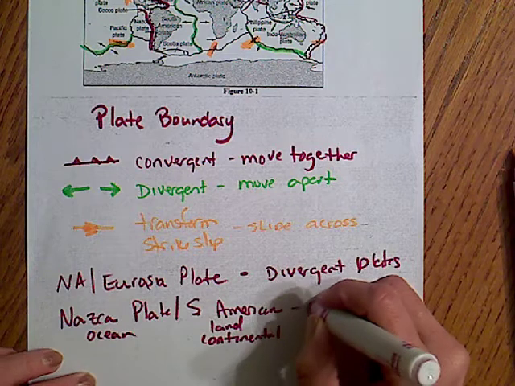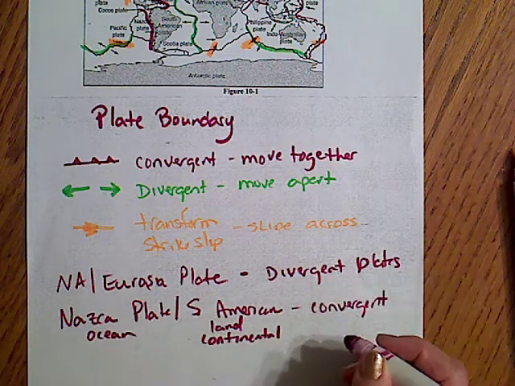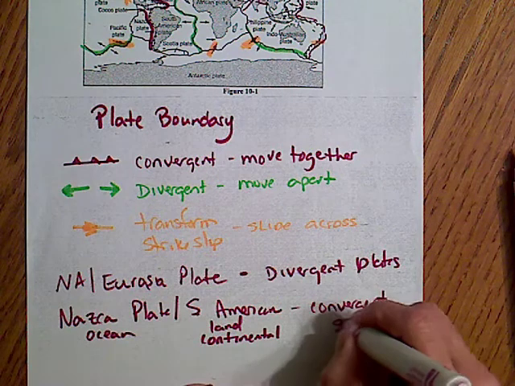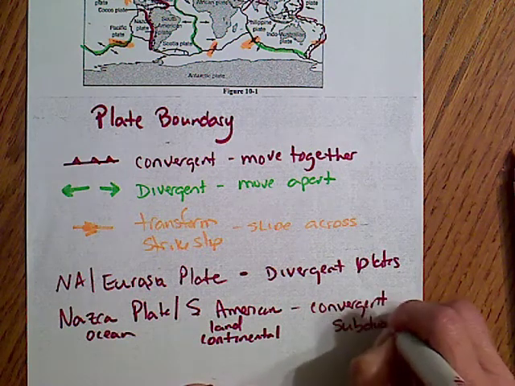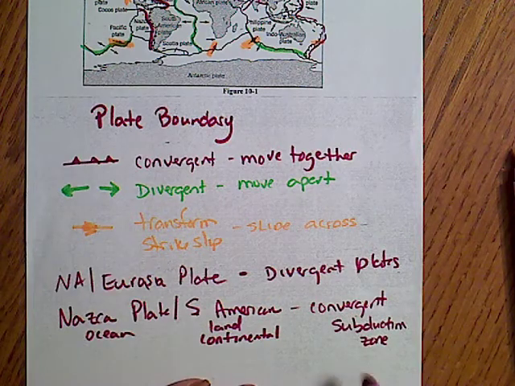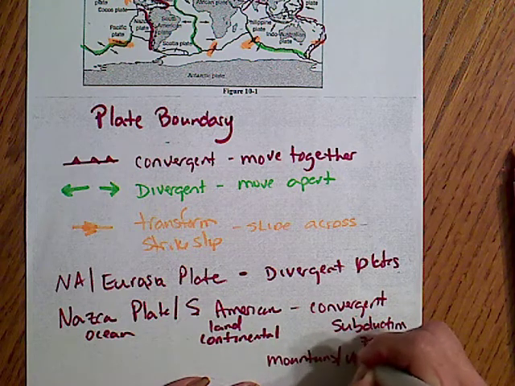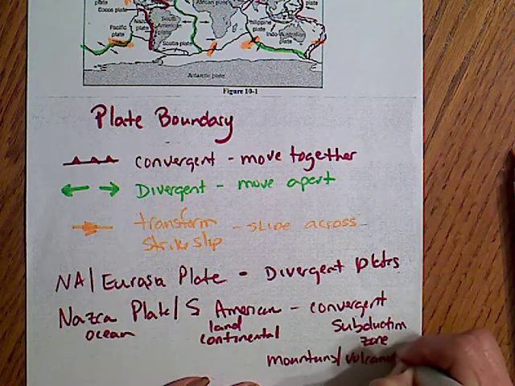So I am going to get a convergent area in which I get a subduction zone. And in that subduction zone, I'm going to get not only mountains, but I'm going to get volcanoes in this area.